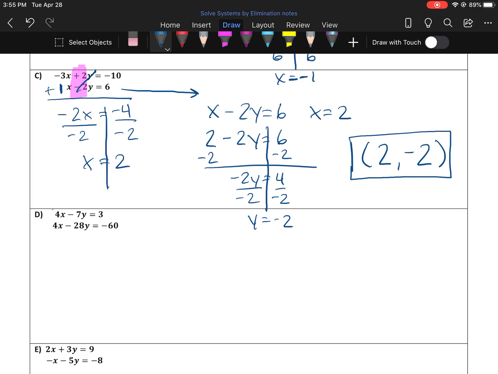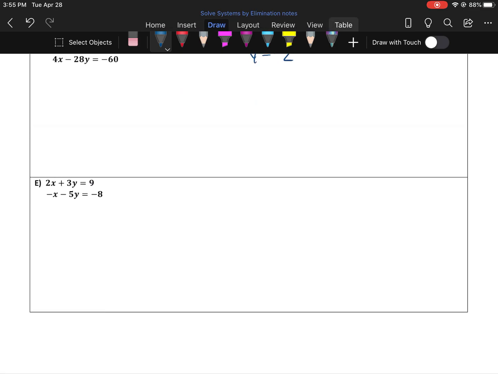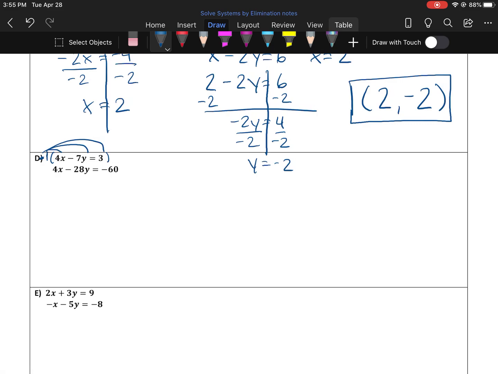So since we have the same number here, I can take this and multiply through by -1 to everything inside. So I'm going to rewrite this as -4x plus 7y is equal to -3.